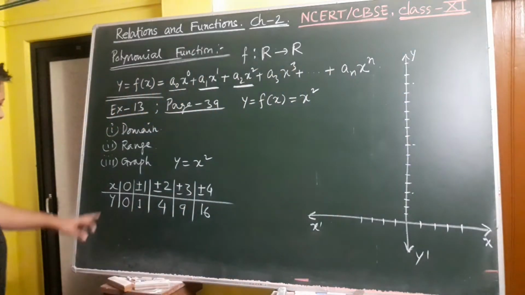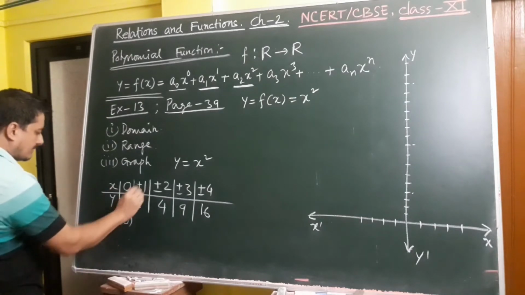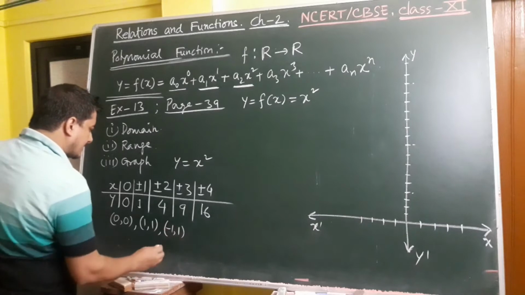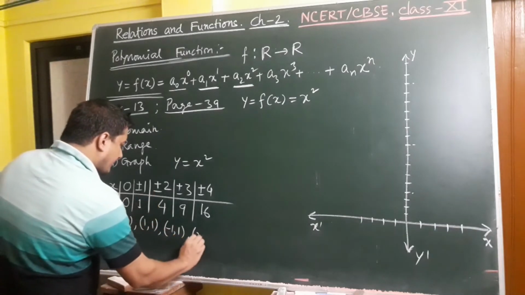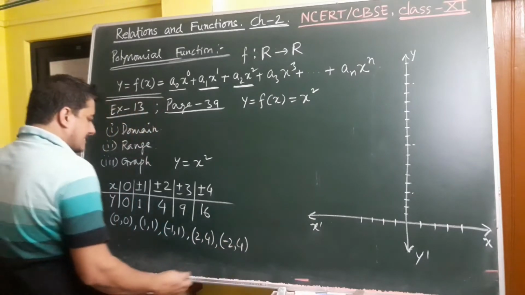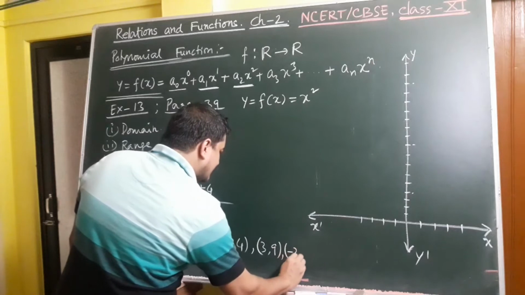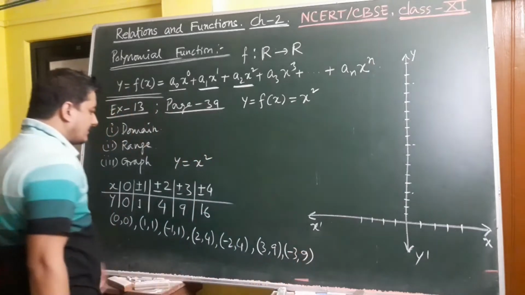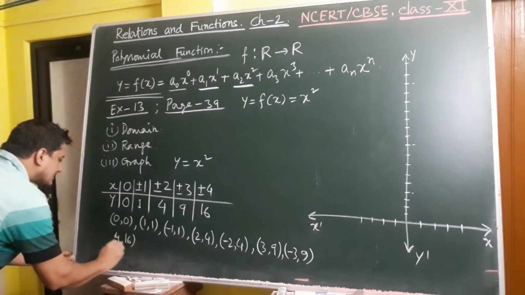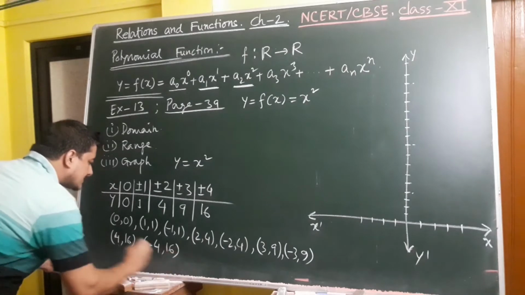Now you can see the pairs. The first pair is (0, 0), then (1, 1), then (-1, 1), then (2, 4), then (-2, 4), then (3, 9), then (-3, 9), then (4, 16), then (-4, 16).